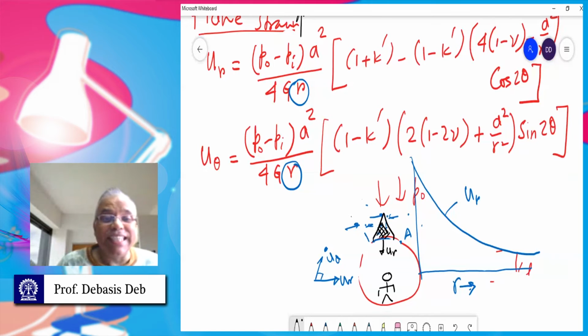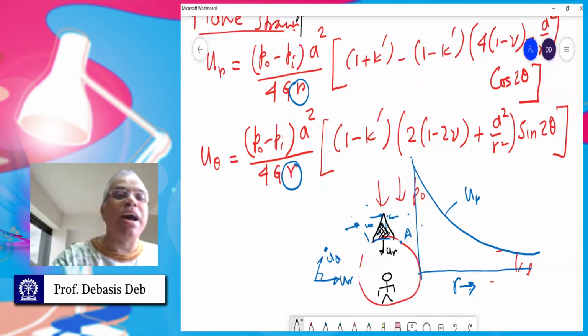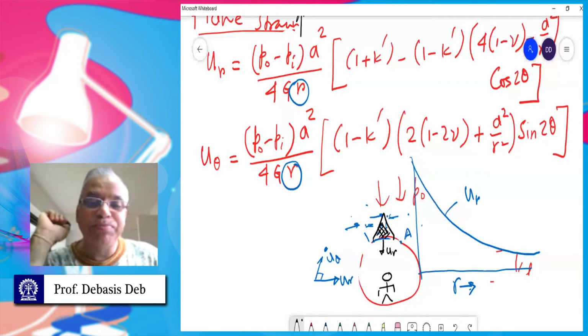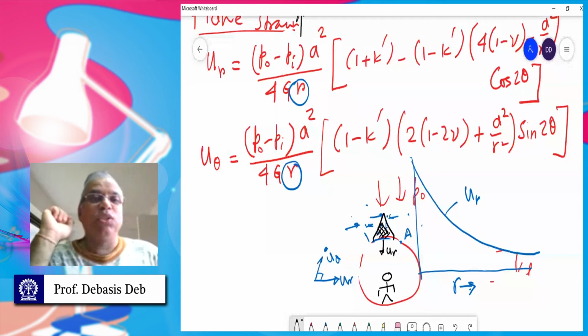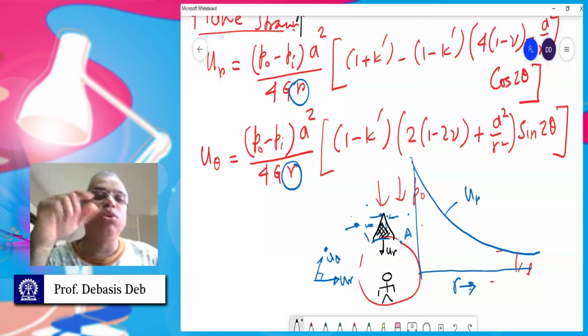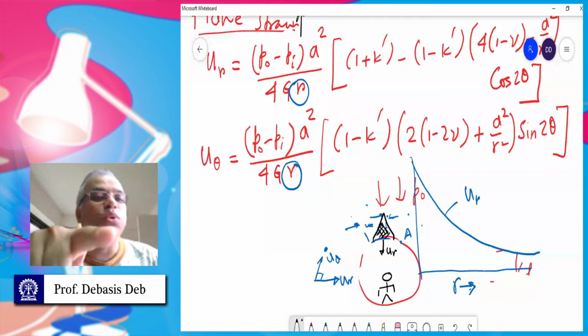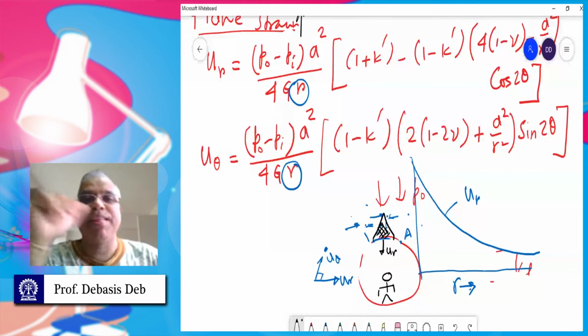So now we are interested right at the boundary. That makes our life a little easy. So right at the boundary, what happens? R equals A. So this part goes P naught minus Pi into A by 4G.